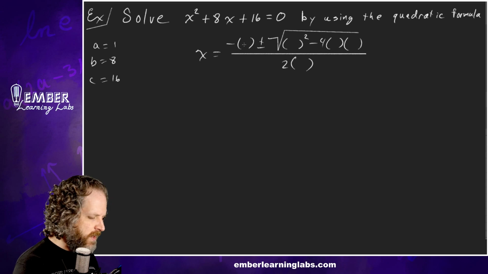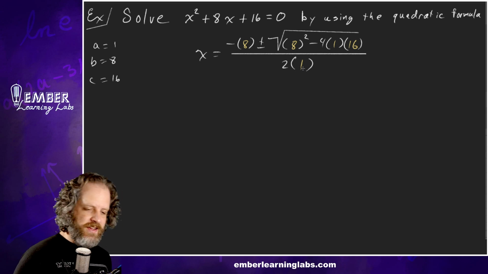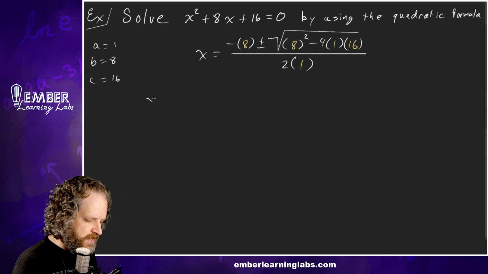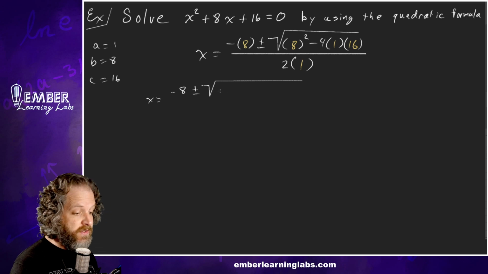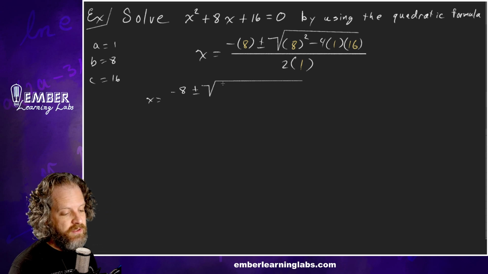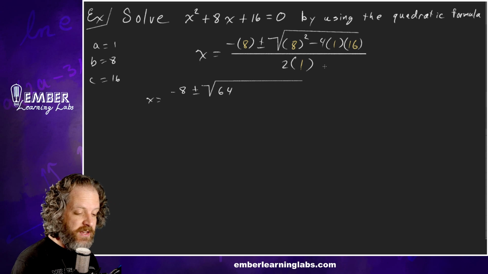Then we plug in 8, and for a and c, 1 and then 16. So x equals negative 8 plus or minus the square root of 8 squared, which is 64, and then 4 times 16 is 64.